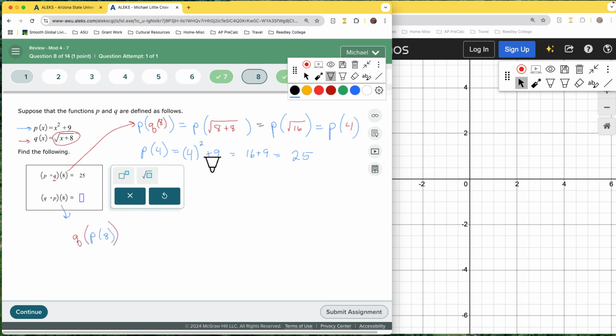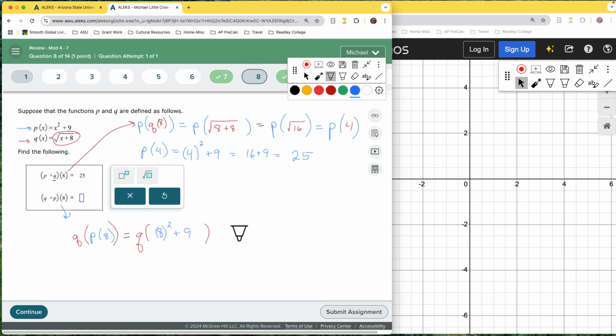And we work this in a similar fashion going forward. We're going to do the p of 8 because it's inside, so we take our p function. We've got the outside function here, give some space, and we're going to take 8 and plug it in for the x, so it's going to be 8 squared plus 9.